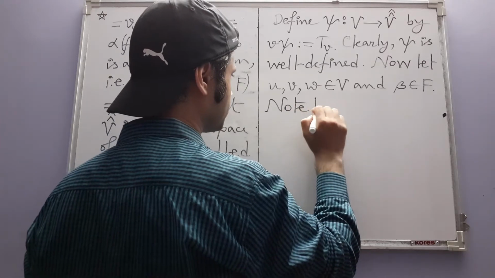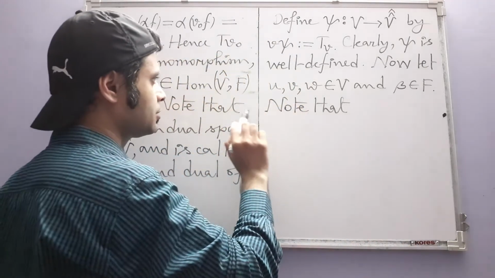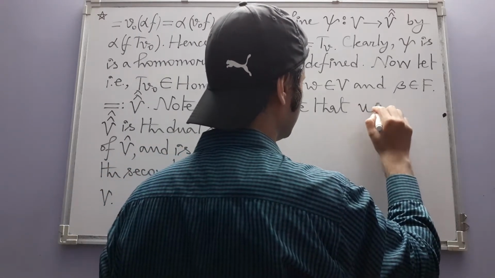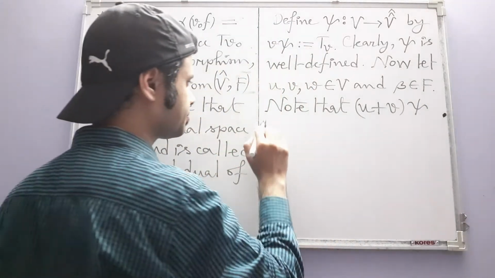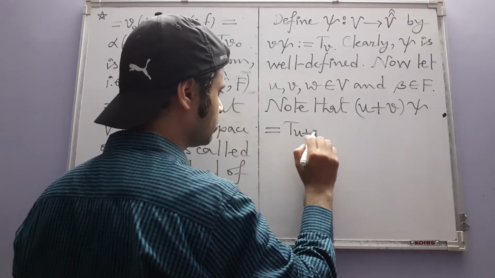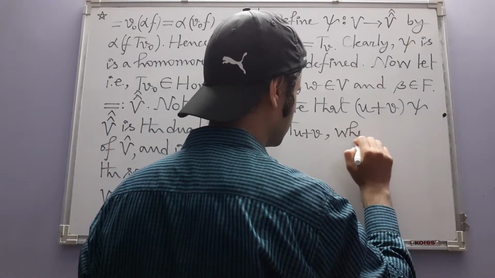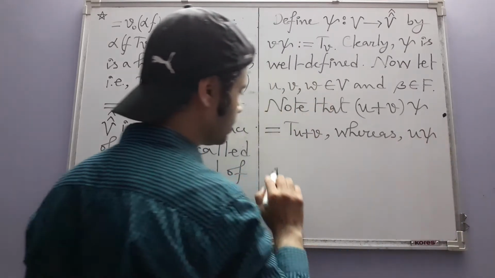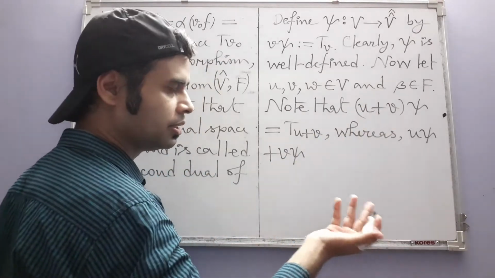Note that, what we are first going to do, we first show that psi respects addition. So we add two vectors, U and V, and apply psi on it. By our definition this will become T u plus v, whereas what is u psi plus v psi, because we want these two things to ultimately be equal.